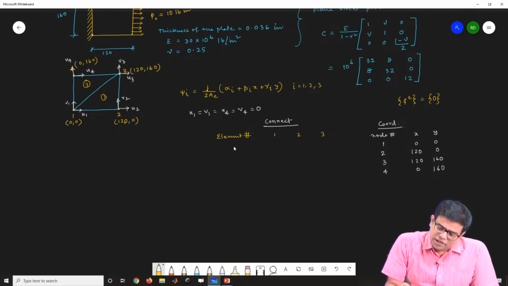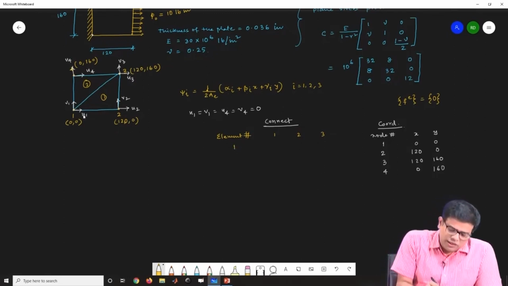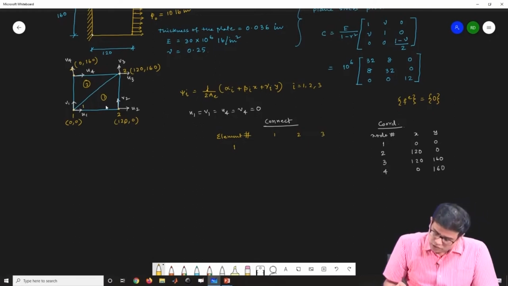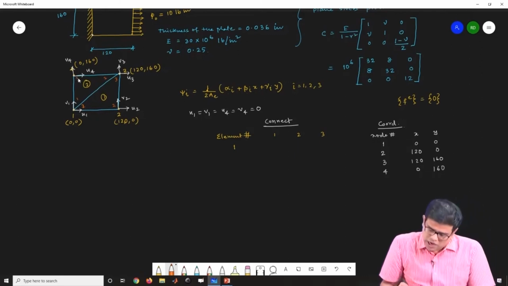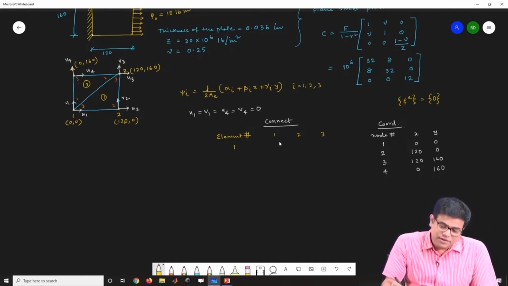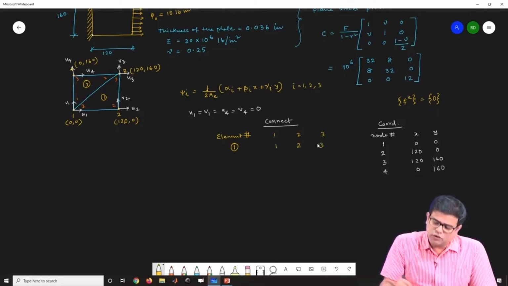Let's say element number 1. Let me give it a different color. This is local node 1, node 2, node 3. Now my connectivity matrix for element number 1 is 1 2 3, it coincides.